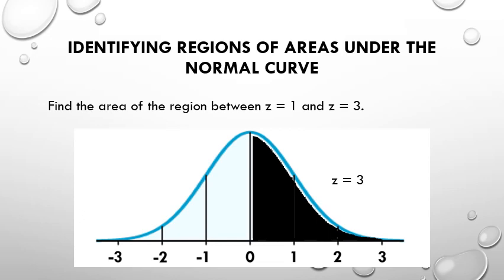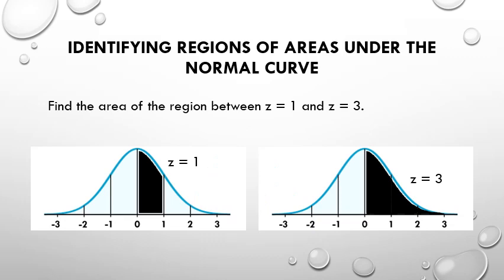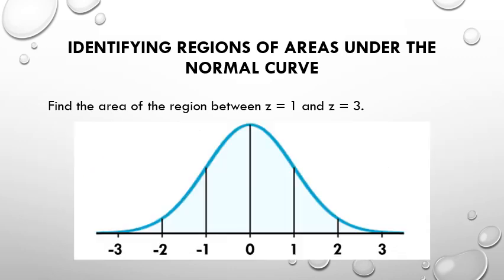So, atong ipag-abay una ang duha ka mga graphs. Okay, sama ni sila, na? So, ang graph sa z equals 1 ug ang graph sa z equals 3. So, z equals 1, muna yung area sa z equals 1, di ba? Kanang green nga arrow.